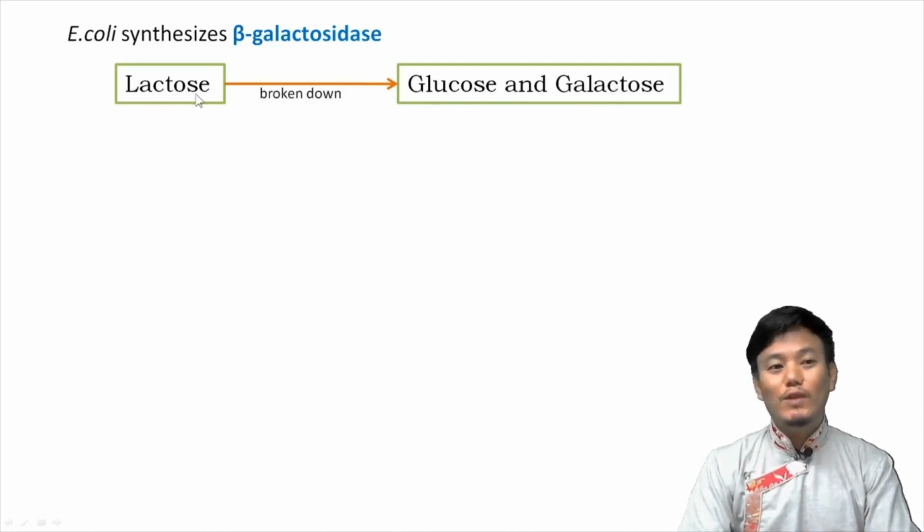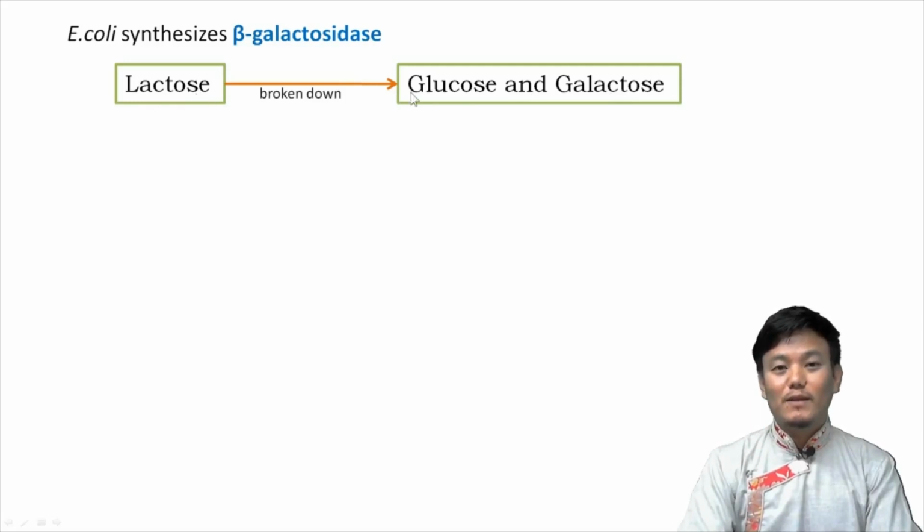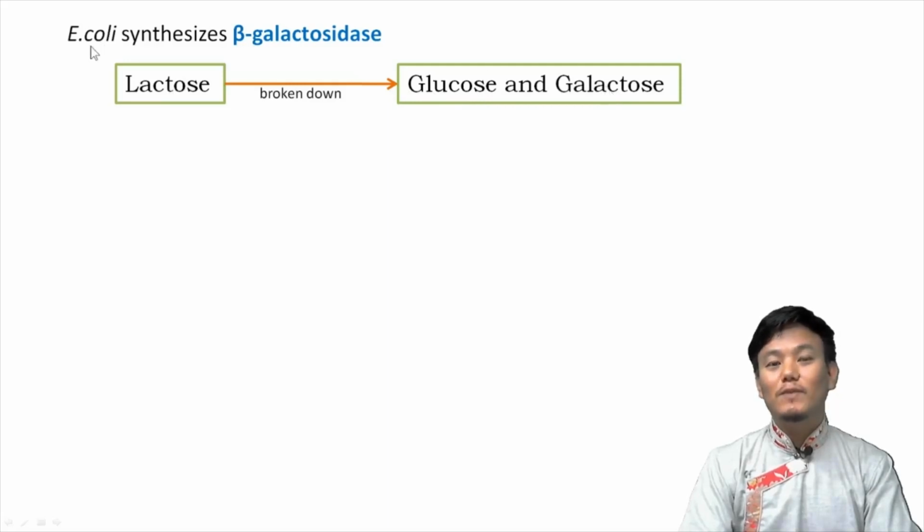I hope you know that lactose is a disaccharide, and glucose and galactose are the monosaccharides which form the lactose. This enzyme helps in the breakdown of lactose into glucose and galactose, which are used as an energy source by the E. coli bacteria.